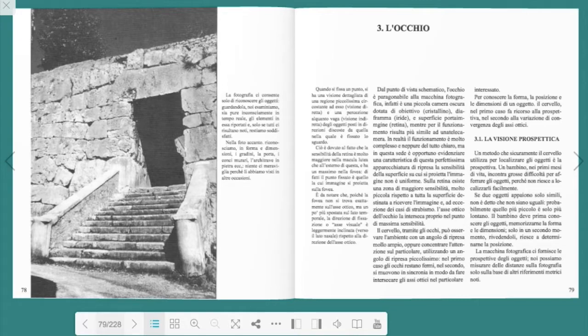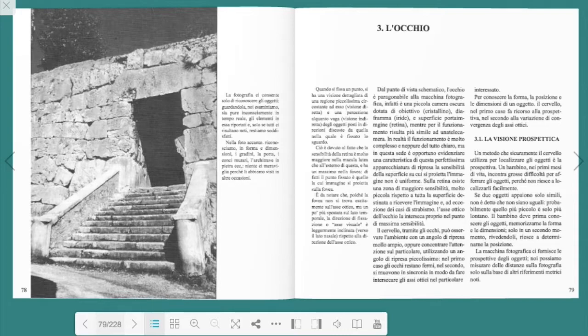Page 79. When you fix a point, you have a detailed vision of a very small region surrounding it, direct vision, and a somewhat vague perception, indirect vision, of objects placed in directions different from the one in which the gaze is fixed. This is due to the fact that the sensitivity of the retina is much greater in the macula lutea than outside it, and has a maximum in the fovea.